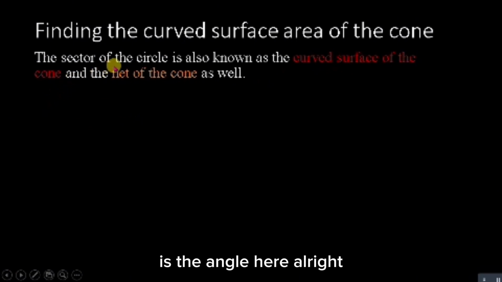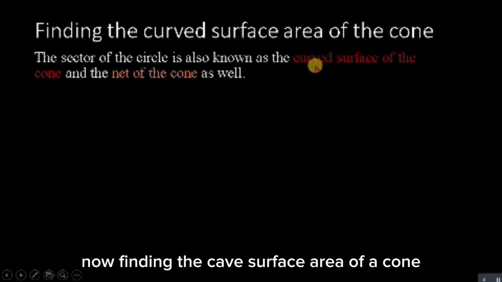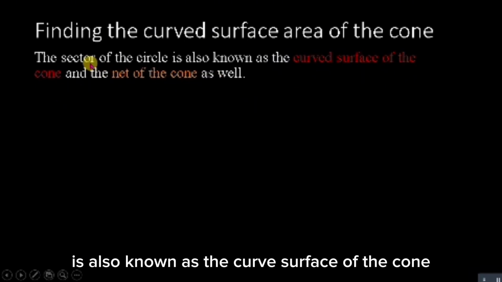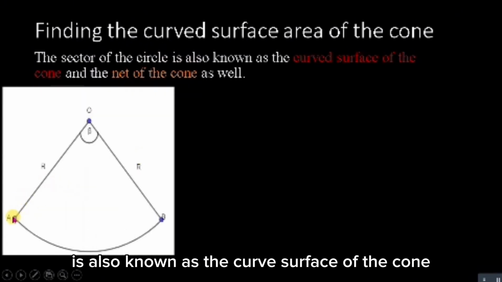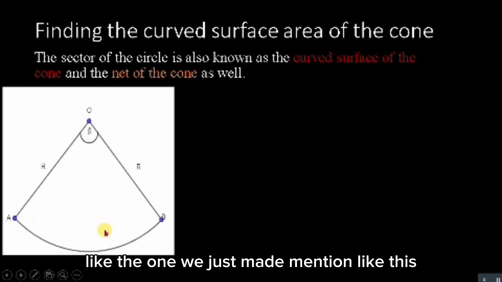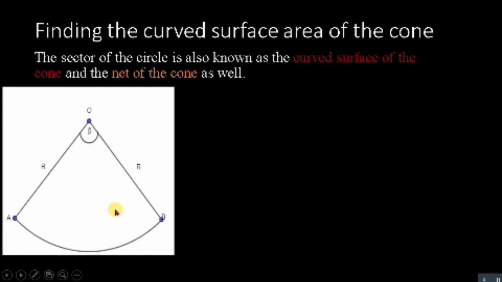The sector of the circle is also known as the curved surface of the cone, and the net of the cone as well. So the sector of the cone, like this. If you find the area of this, it is the curved surface area for the net of a cone.